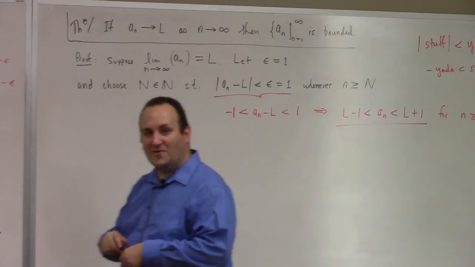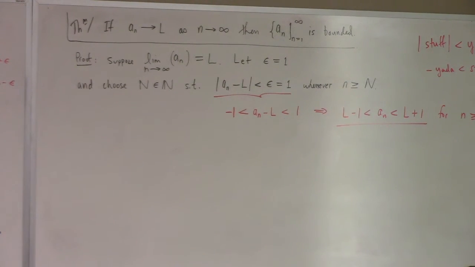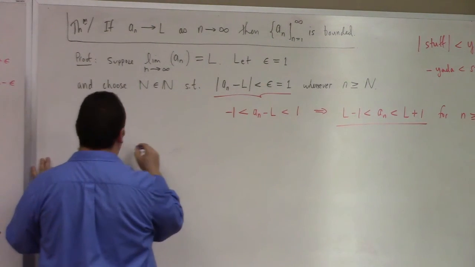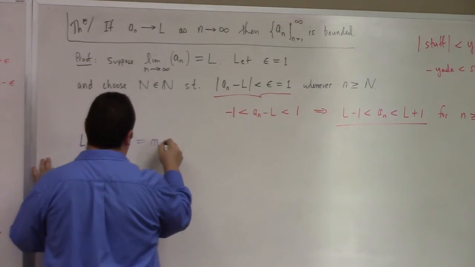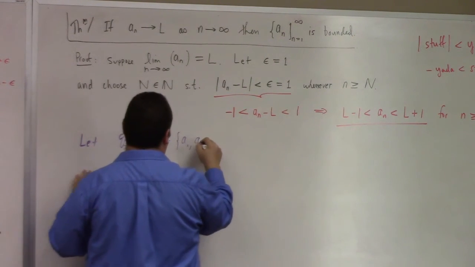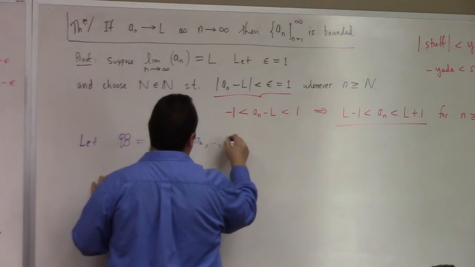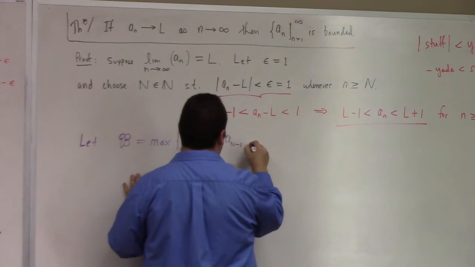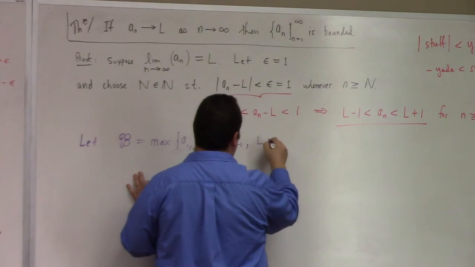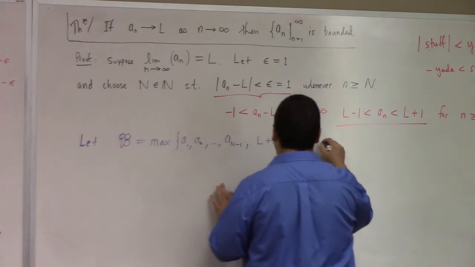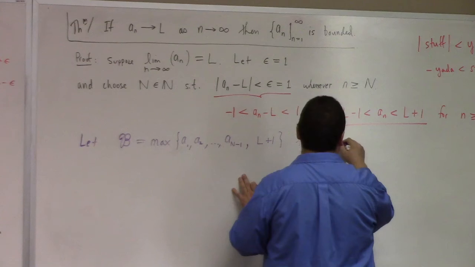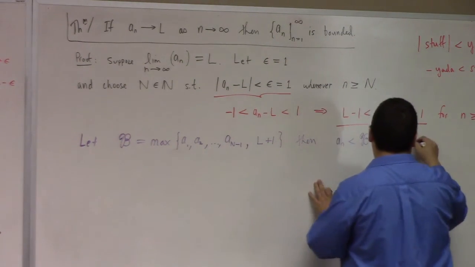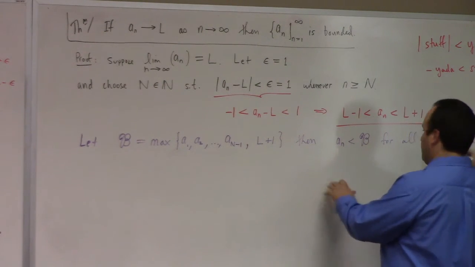So what can we choose as our bound to show it's bounded above? Let big B equal the max of a1, a2, up to a sub N minus 1, comma, L plus 1. Then you can easily see that a sub n is less than or equal to B for all n in the natural numbers.